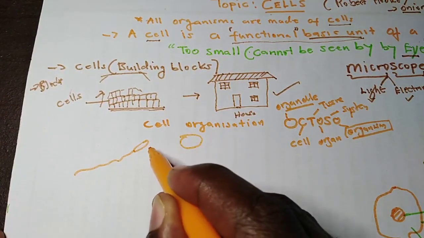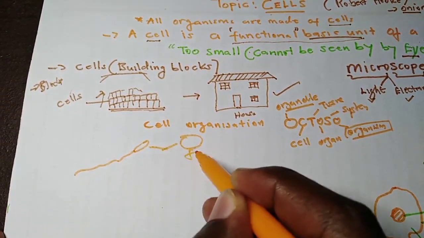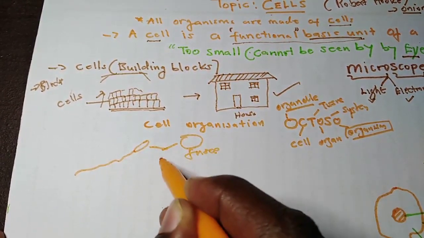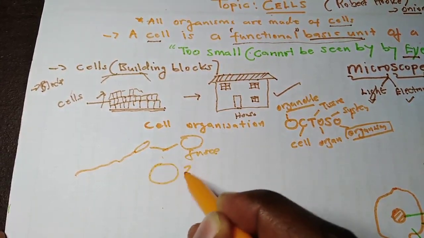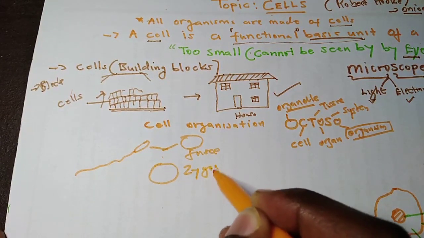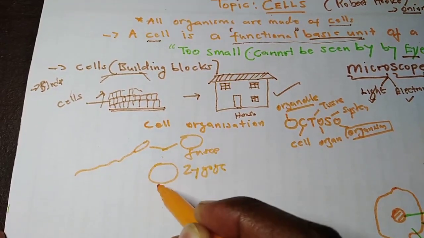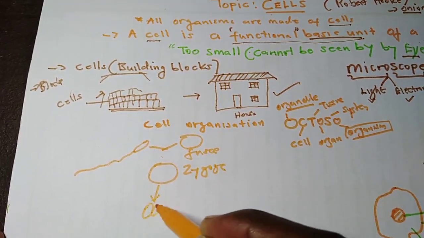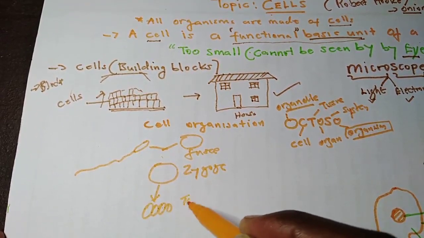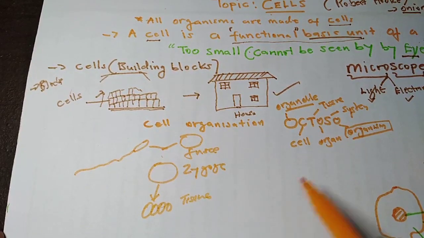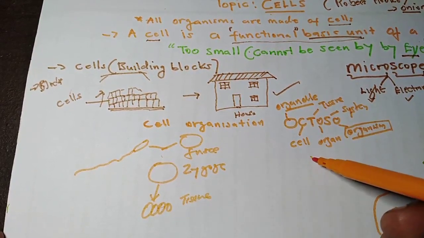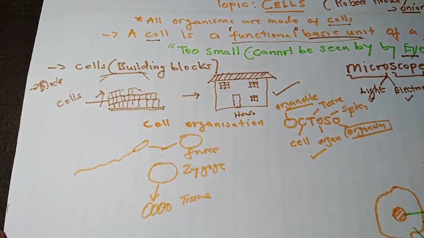They fuse together, then they make one cell, which we call the zygote. Then these cells start dividing into many cells to form tissues. So we're basing this thought under cell organization.